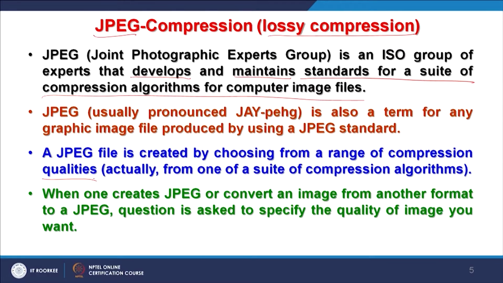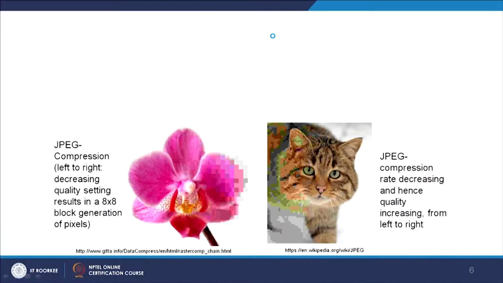Though softwares will allow you to convert or save as, suppose the input image is JPEG, you can save it as a TIFF, but it is not going to improve your quality, because originally while saving, it has compressed your image and introduced loss in the quality of your image. So, one has to be very careful on this aspect.